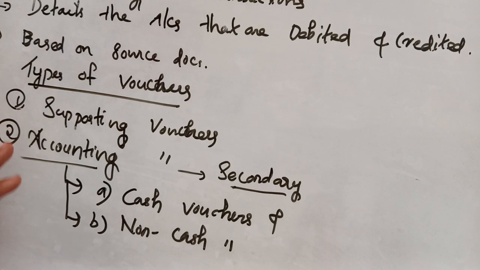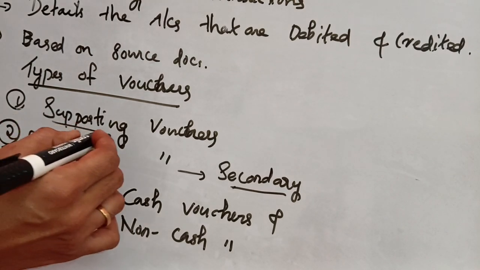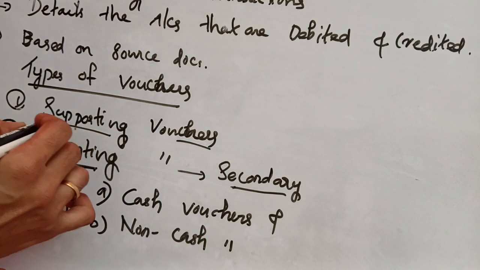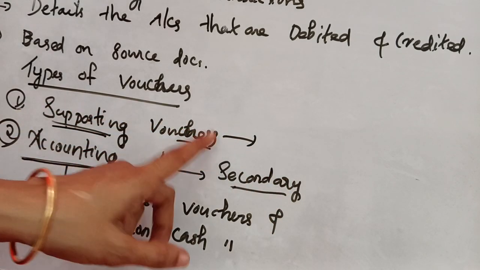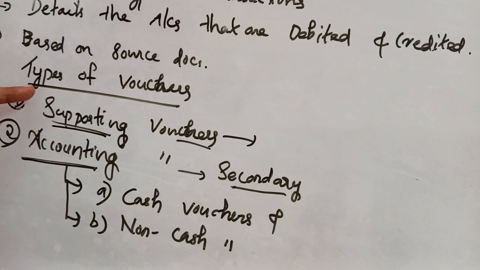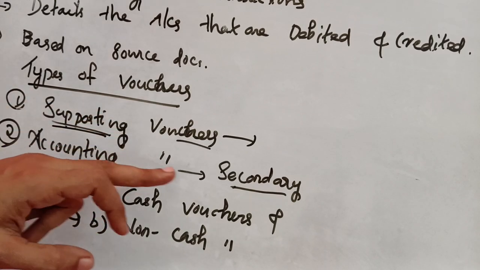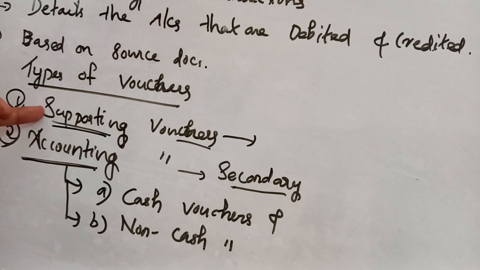They can be categorized into supporting vouchers, which are source vouchers prepared when a transaction is entered into, and accounting vouchers, which are secondary vouchers prepared based on supporting vouchers by the accountant and countersigned by an authorized person.